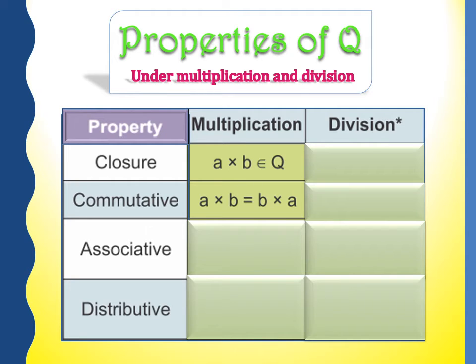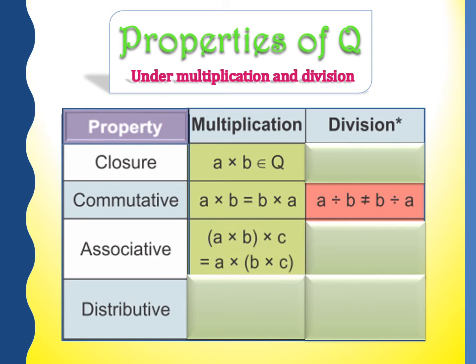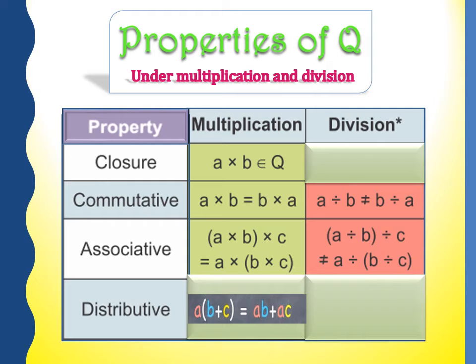Also, rational numbers are associative under multiplication for any three rational numbers like this, and rational numbers are not associative under division. And for the distributive property, I can distribute multiplication on addition or subtraction. So a times (b plus c) equals a times b plus a times c.